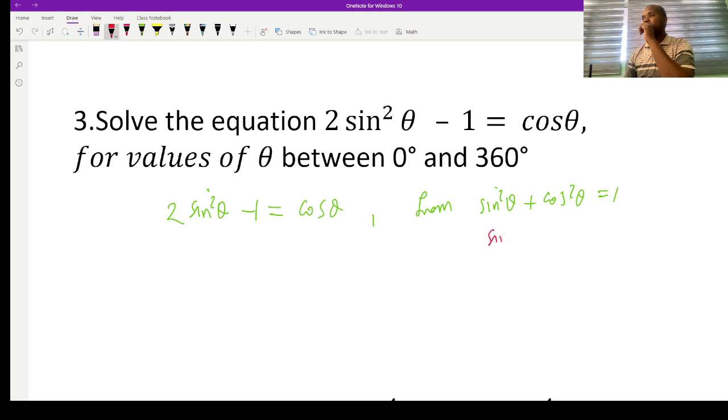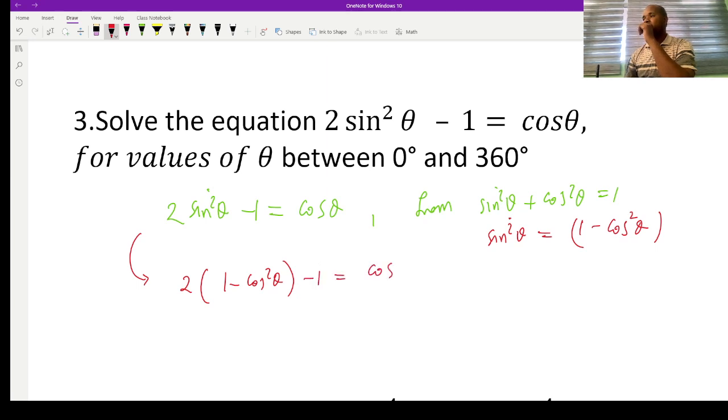So sine square theta can be replaced by 1 minus cosine square theta, so that this expression will be 2 times 1 minus cos square theta, minus 1 again equals cosine theta.